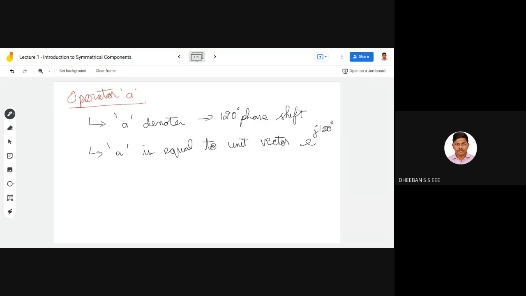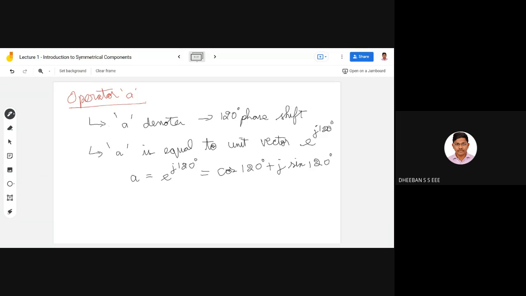Okay, so this is the representation. Now we are representing this in the complex format, and this becomes cos 120 degrees plus j sin 120 degrees.